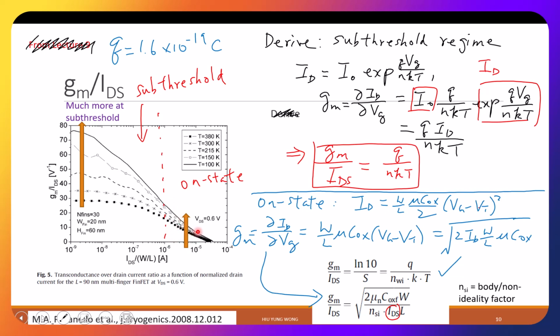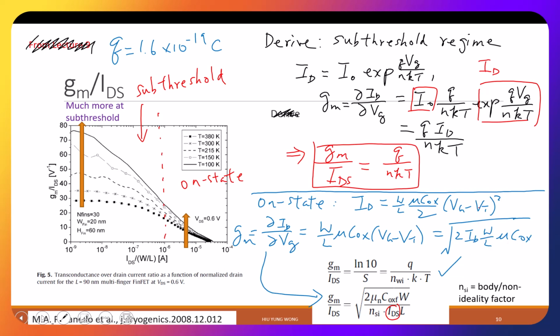When you are in this regime, you also find that it does not depend on temperature. So in the on state, if you have a large current, reducing the temperature will not help the GM over ID. Okay, so you want to operate your circuit more in the near-subthreshold regime instead of the fully on regime.